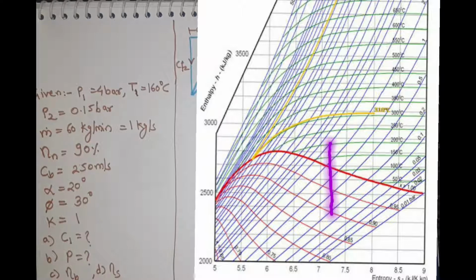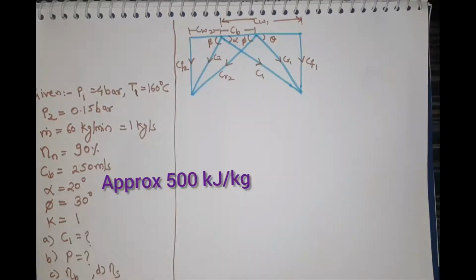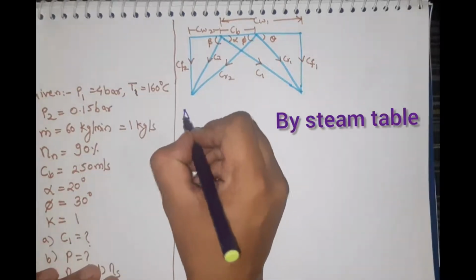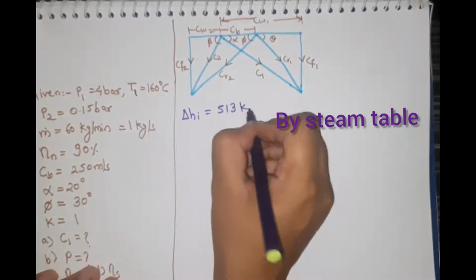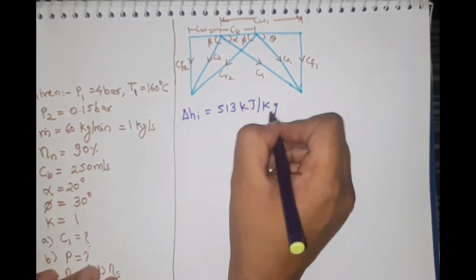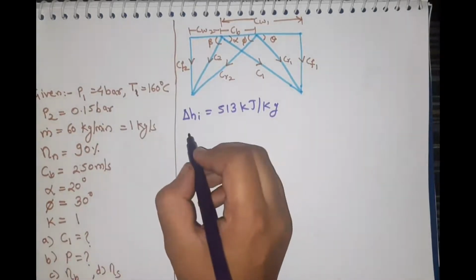If we draw the isentropic line between these two conditions, we will get the enthalpy drop is equal to 513 kilojoule per kg. So delta H I is equal to 513 kilojoule per kg. Now for C1 we have to find the actual enthalpy drop.